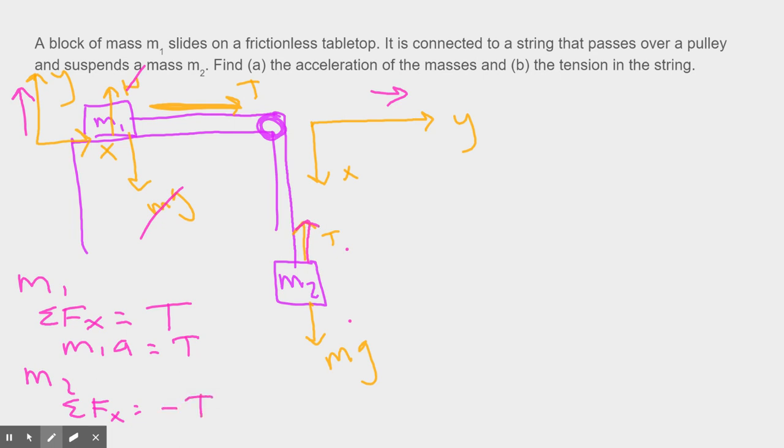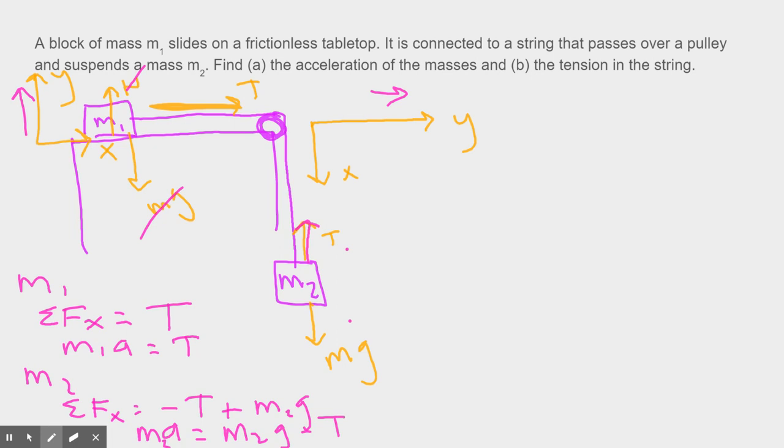So it's going to be negative T. And the weight will just be m2g. When we use the same system we did before, we're going to see that m2a equals m2g minus T.